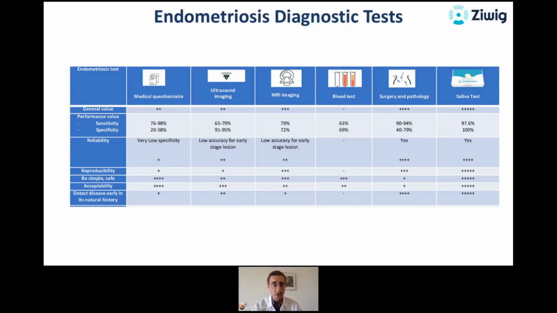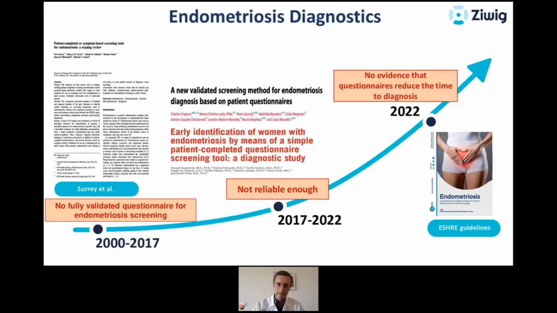And although it's very useful to take a detailed patient history, unfortunately, the specificity of these questionnaires is very low. Actually, the European guidelines from the ESHRE came out in 2022, and they showed that there is no evidence that questionnaires actually reduce the time to diagnosis.